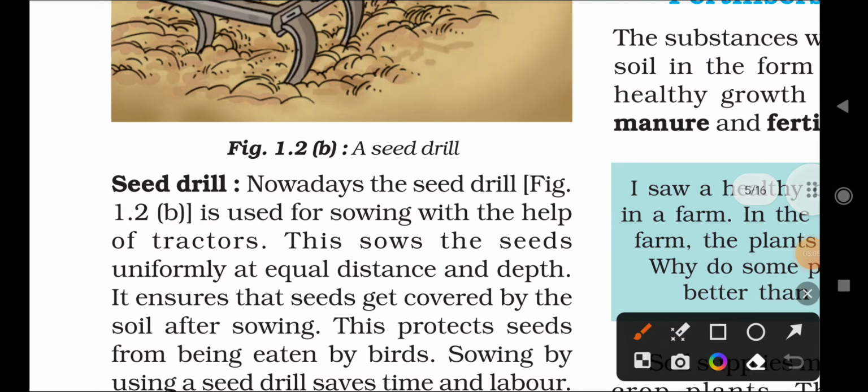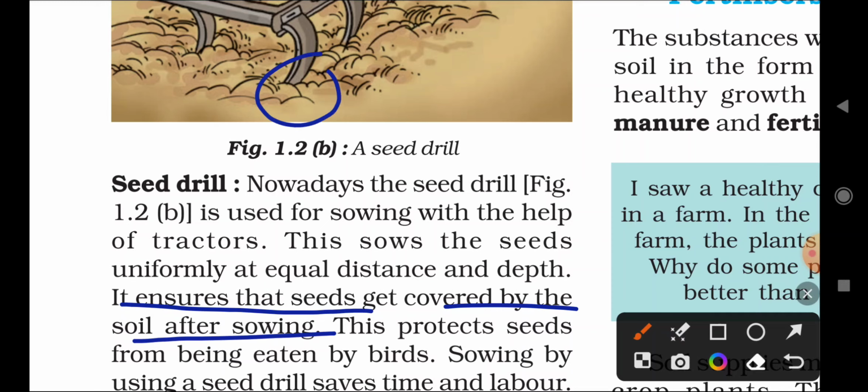This is the major advantage of seed drilling, and it ensures that seeds get covered by the soil after sowing. After the seed is sown in the soil, it must be covered with soil to grow properly, so it also makes the soil cover the seed entirely.